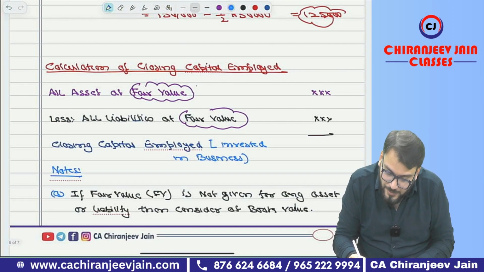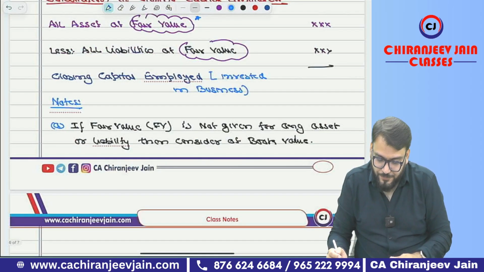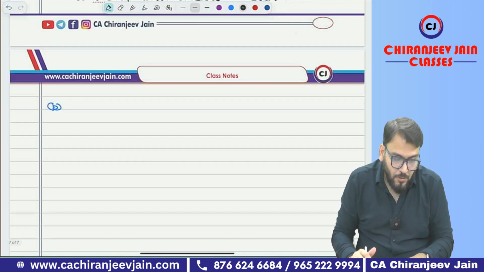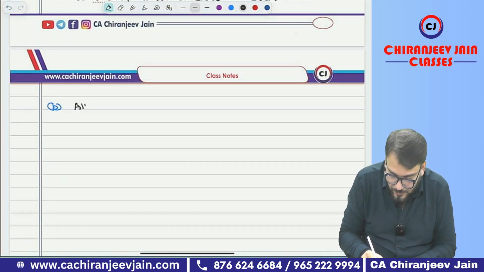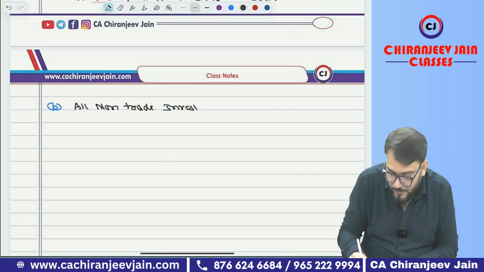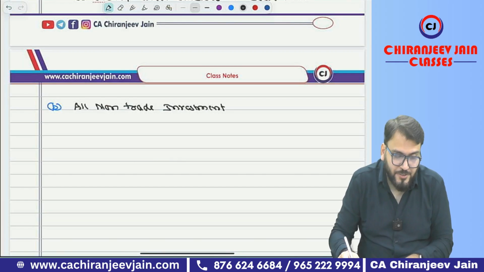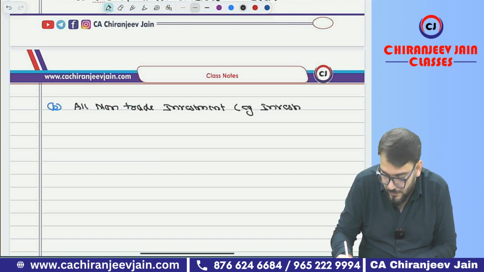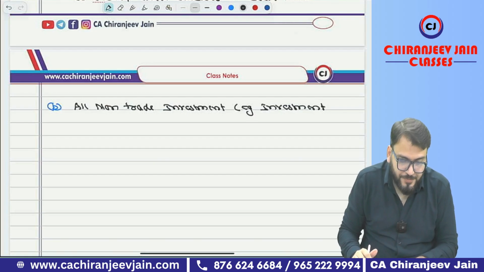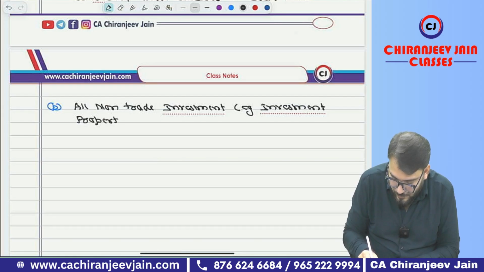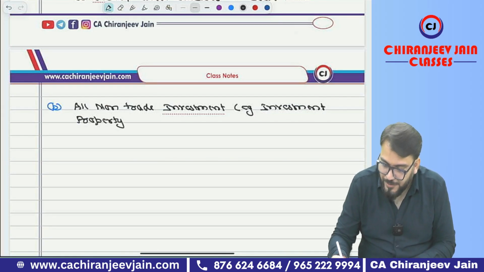so that should not be considered. So here, for all assets, there should be a star mark, so just write down: not all assets. Note number B, write down: all non-trade investment, for example, investment property.